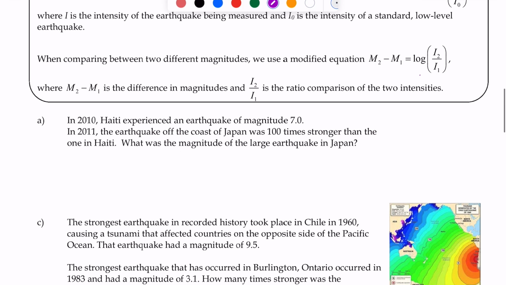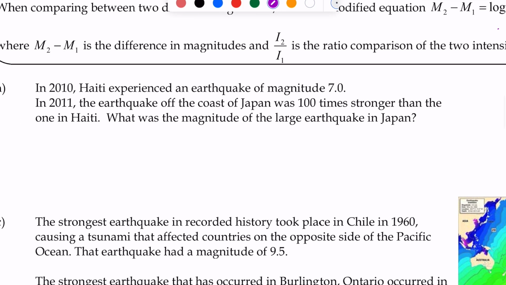So A, in 2010, Haiti experienced an earthquake of magnitude 7. In 2011, the earthquake off the coast of Japan was 100 times stronger than the one in Haiti. What was the magnitude of the large earthquake in Japan?